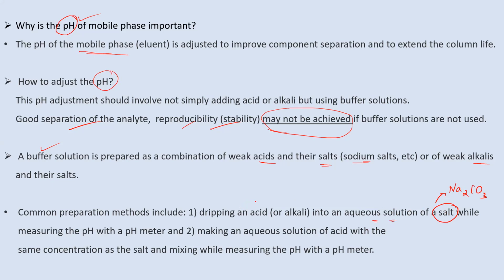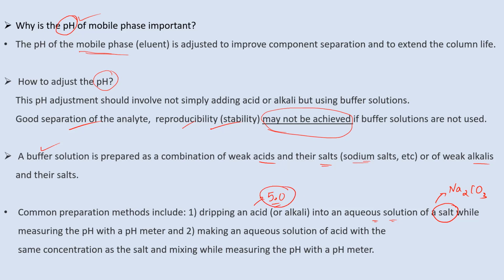The pH will go down because you are adding acid. Say you take dilute hydrochloric acid and keep dropping it in the sodium carbonate. If you want a pH of 5, you keep adding HCl, stir it, dip the probe in, and check the display. If the pH is 5, stop there itself.